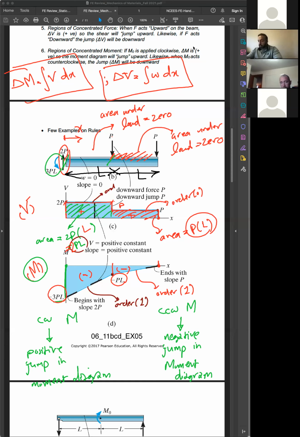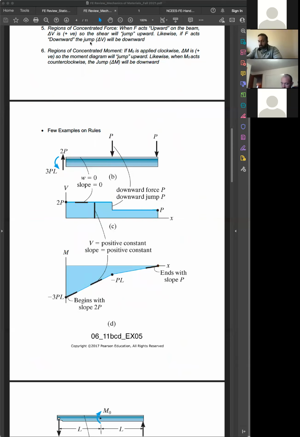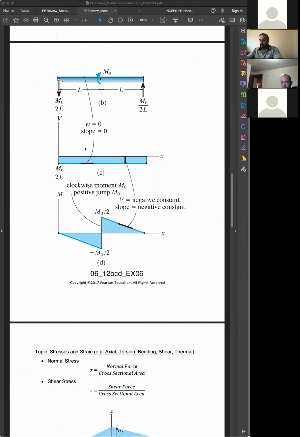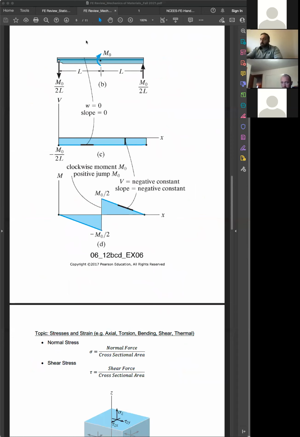So let's continue with an example. This is an example here. We want to draw the shear and moment diagram.